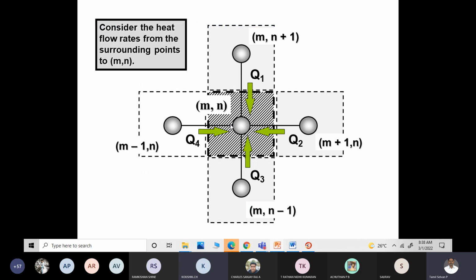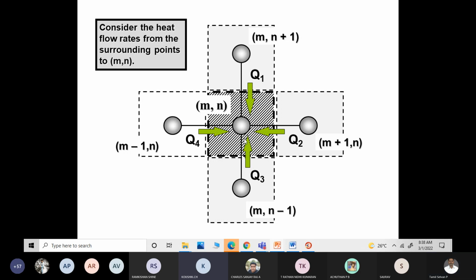Assume that the center point is m, n. Assume that q1 is the heat transferred from m comma n plus 1, q2 is the heat transferred from m plus 1 comma n, q3 is the heat transferred from m comma n minus 1, and q4 is the heat transferred from the node m minus 1 comma n.